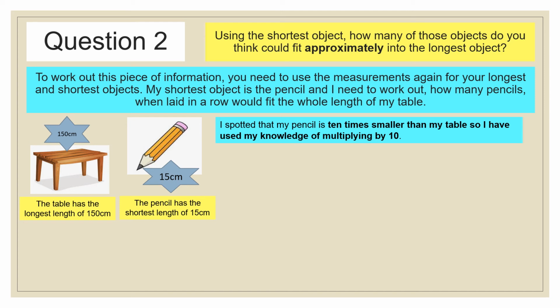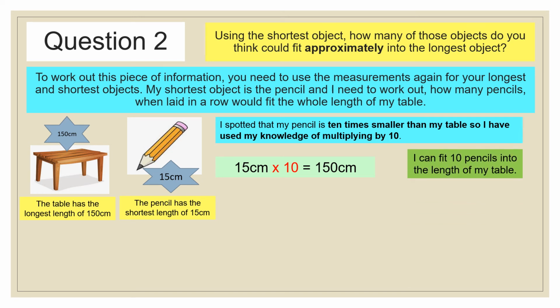So using my knowledge of the 10 times table, or multiplying by 10, I can say that a pencil at 15 centimetres, if I times that by 10, so use 10 pencils, I will fit the whole length of the table at 150 centimetres. So I can fit 10 pencils into the length of my table.